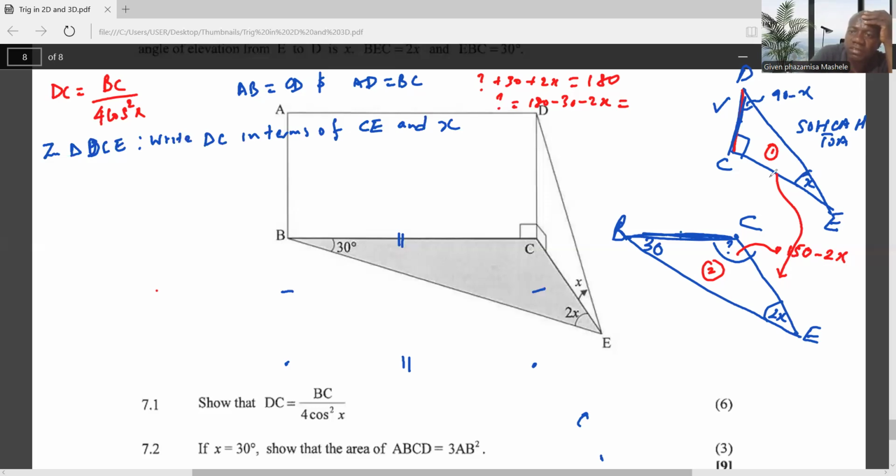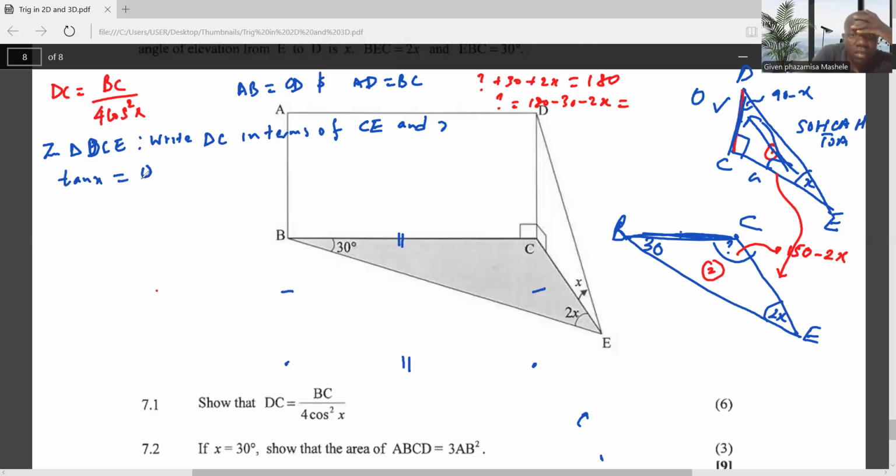Why CE? It's a common side. So using SOHCAHTOA, it will use the opposite and adjacent, so we'll use tan. So it will be tan x.